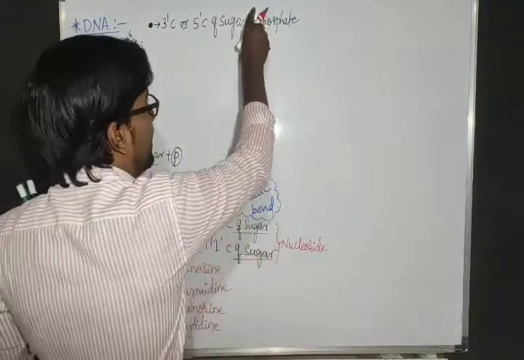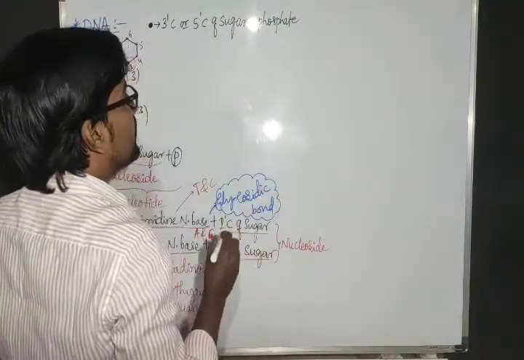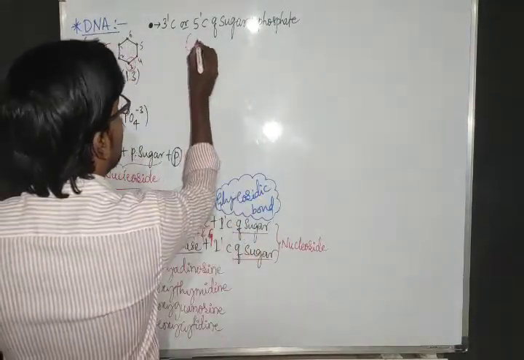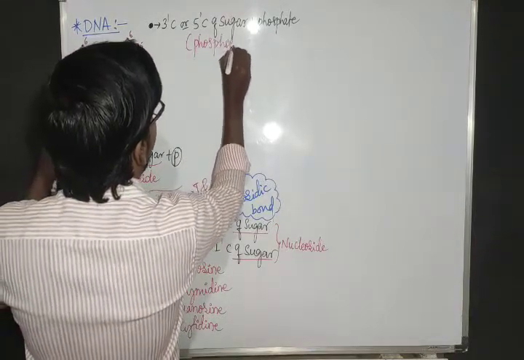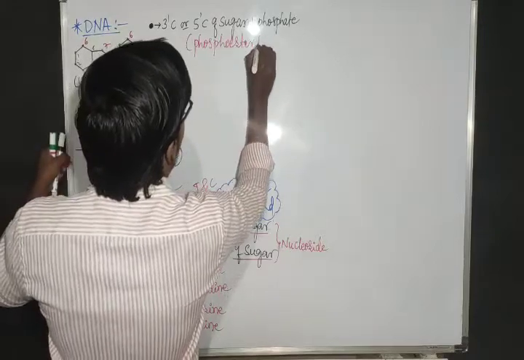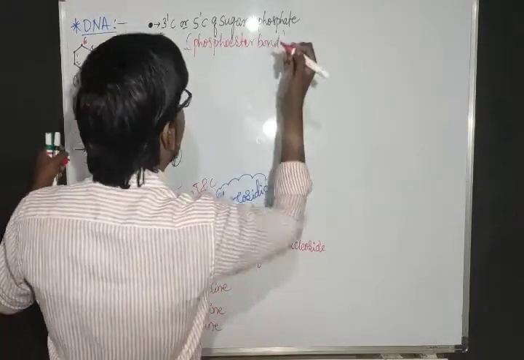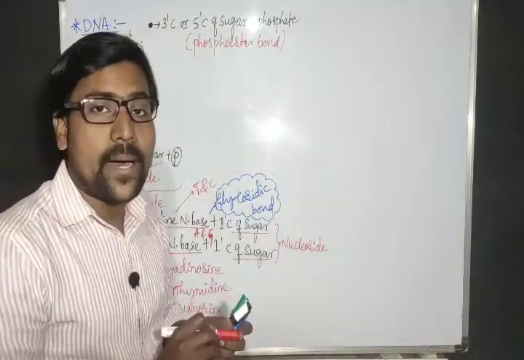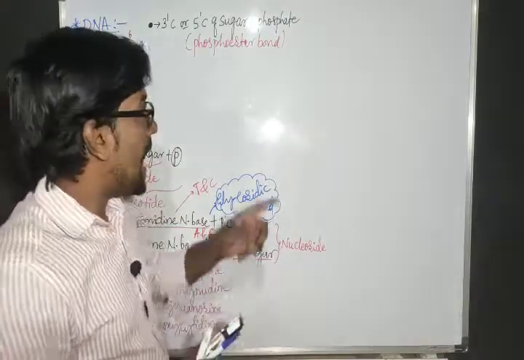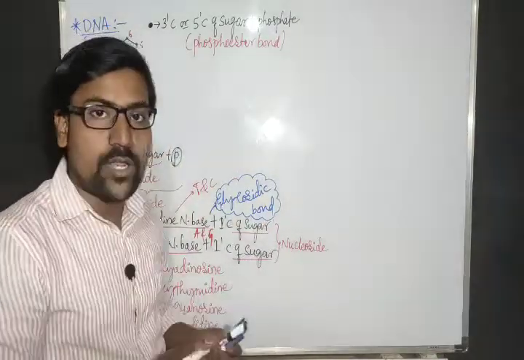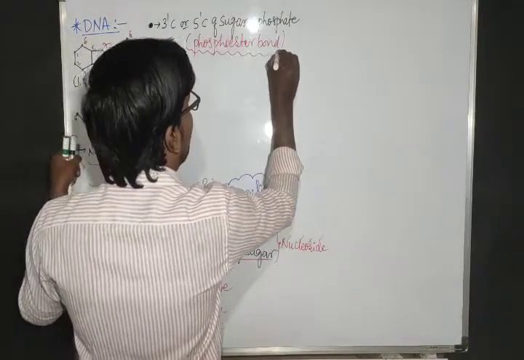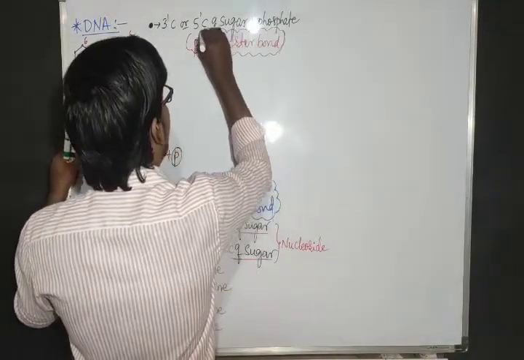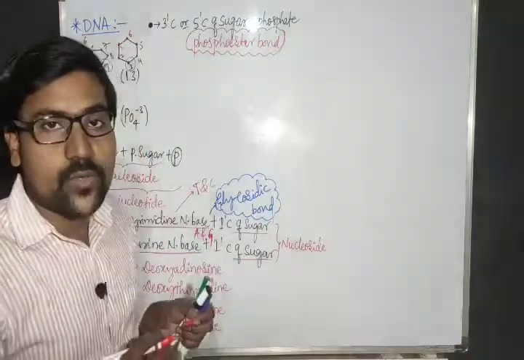And here in between, a bond is formed. That bond name is phosphoester bond. What is the bond name? Phosphoester bond. And this phosphoester bond is also formed by the elimination of a water molecule.